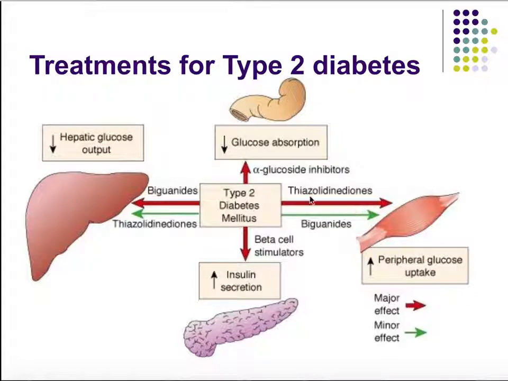And then the major effect of thiazolidinediones is to increase the peripheral uptake of glucose by our tissues. And then we have alpha-glucosidase inhibitors that can decrease glucose absorption in the intestine. And then beta cell stimulators to stimulate our beta cells to release more insulin. And all of these strategies can help us regulate our blood glucose and treat type 2 diabetes.